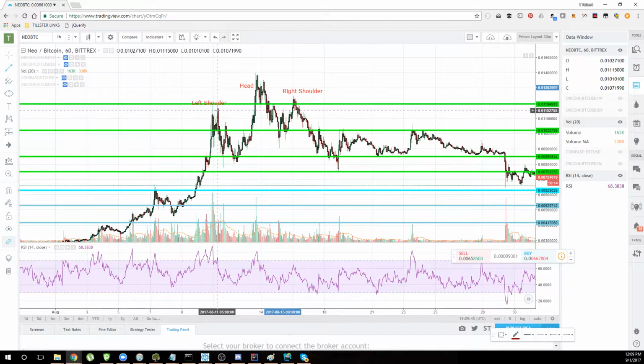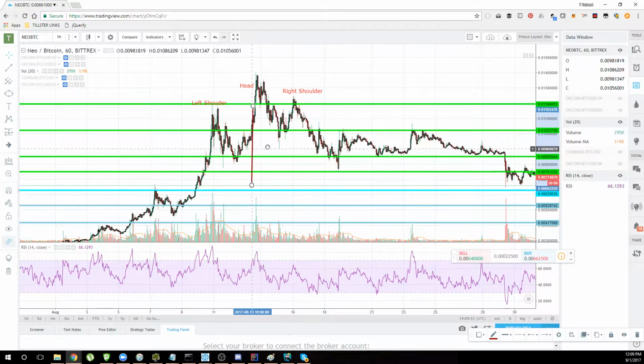What might that motion downward look like? Well, can we find out? What is the motion downward from here to here? Is it correlated? It's not bad. I'd say that motion absolutely happened. So when we measure this motion from this resistance line up to the left shoulder, and we're here in the market and we're seeing 1 tap, 2 tap, 3 tap, can we predict that we might make a motion downward?